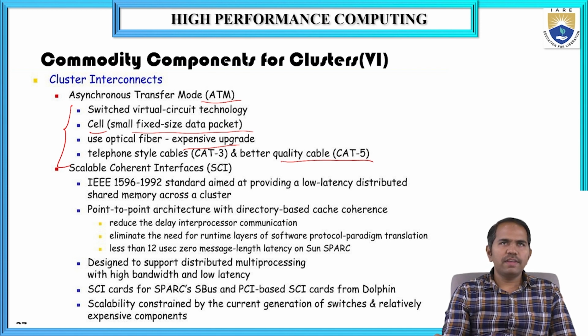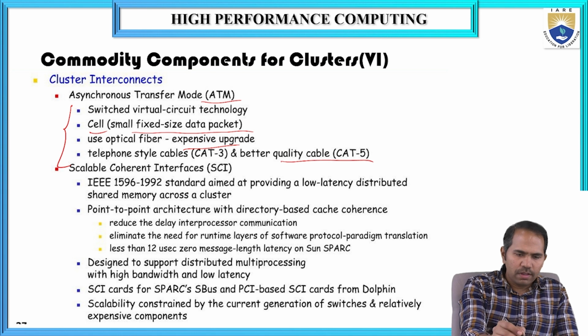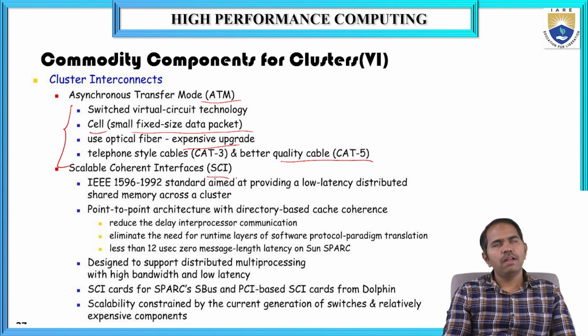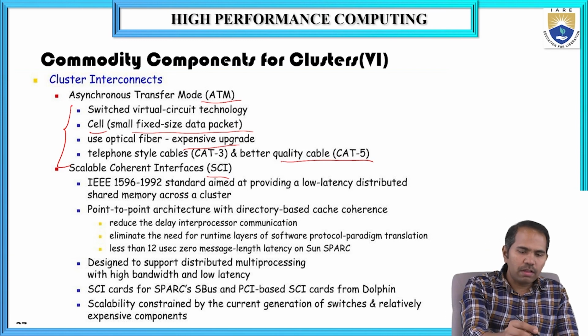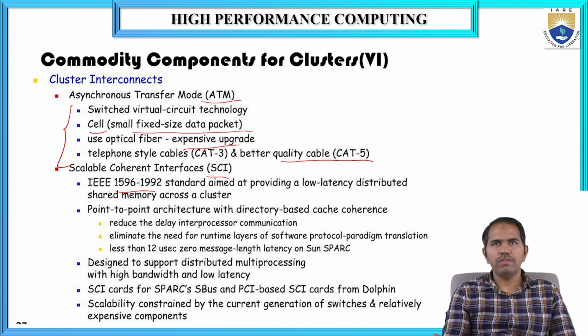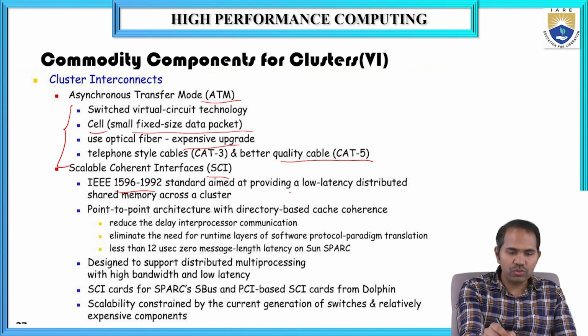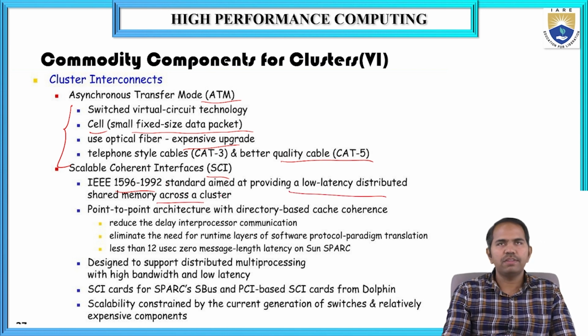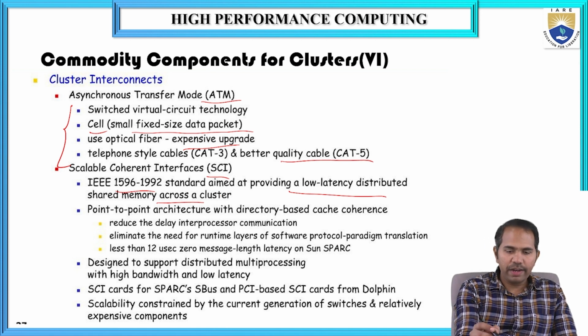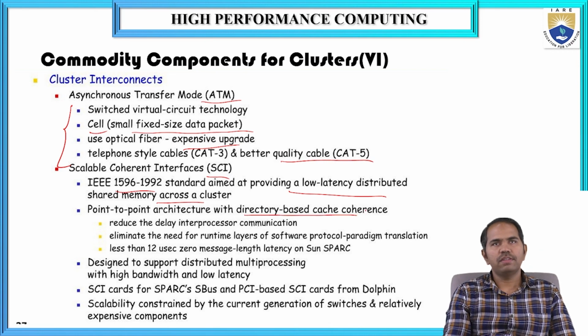The second thing is the Scalable Coherent Interface, SCI, which uses the IEEE 1596 1992 standard aimed at providing low latency distributed shared memory access across a cluster. And another thing is a point-to-point architecture with directory-based cache coherence.